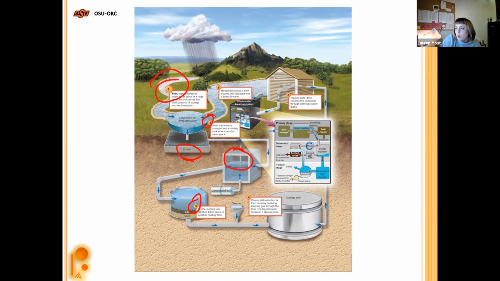So we're filtering it even more, settling, filtering, and then we have the addition of chemicals like chlorine to kill everything. So we've had chlorine gas treated water, bubbling chlorine through it. Chlorine gas will kill you and me as well. It kills everything else that's left in there, if there is anything. And then it can go into a storage tank and be stored for later usage.